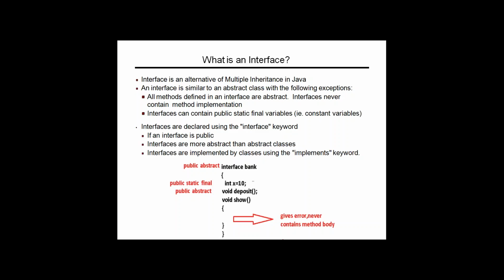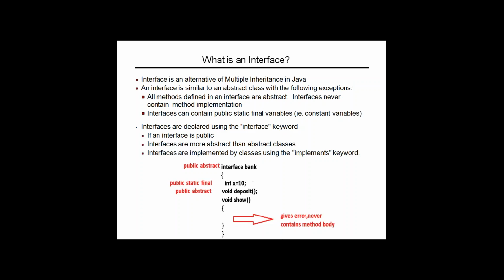Just like we declare a class using the class keyword, an interface is declared using the interface keyword, and an interface is always public. In the code, interface bank has int x, so by default the variables of the interface are always public, static and final. No need to write these keywords, it is automatically considered public, static and final.